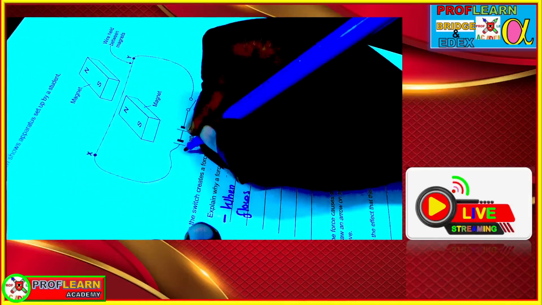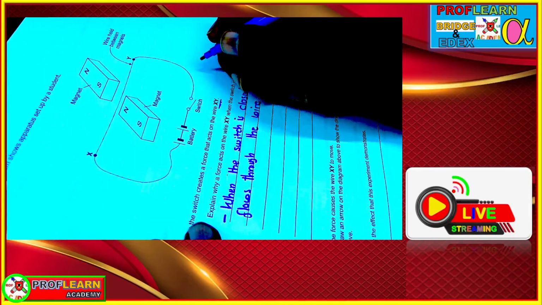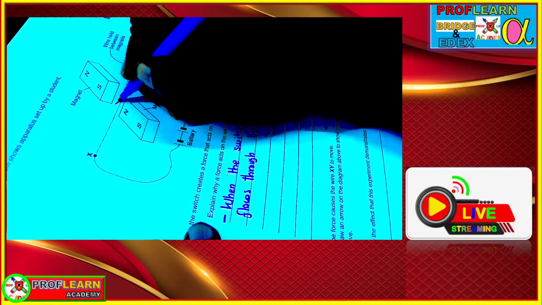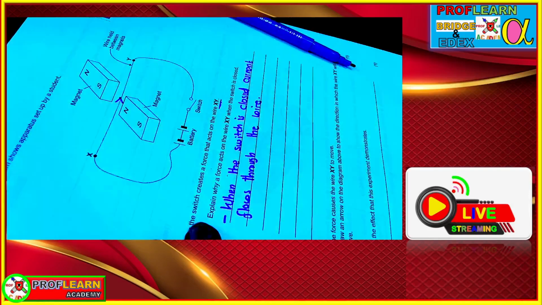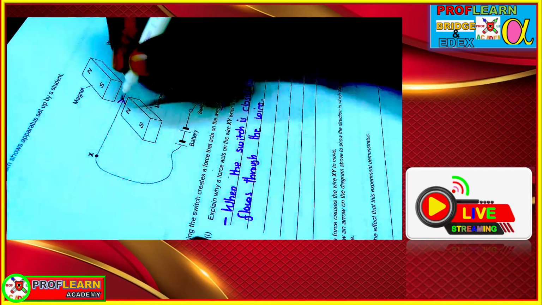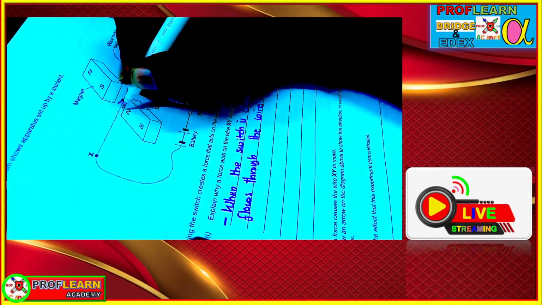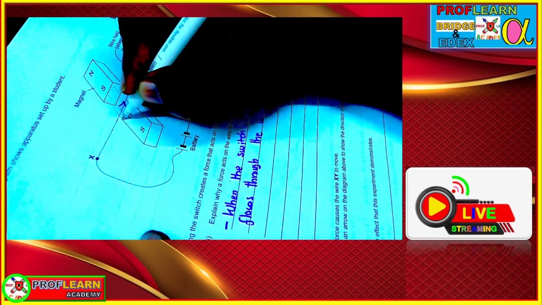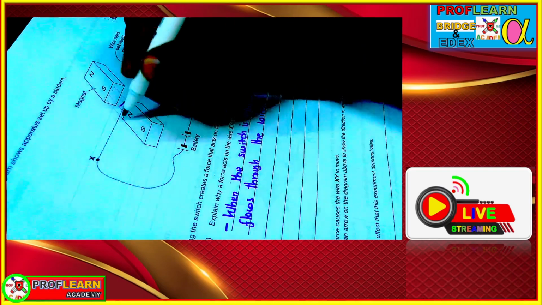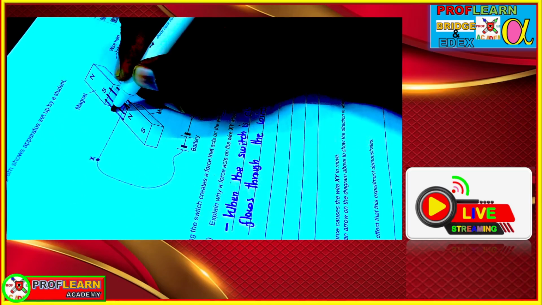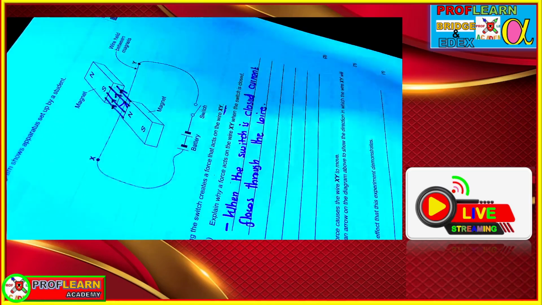So for instance, if we have current flowing here, and at the same time we have magnetic fields pointing from the north to the south, like that.